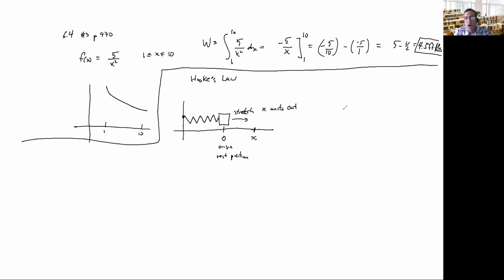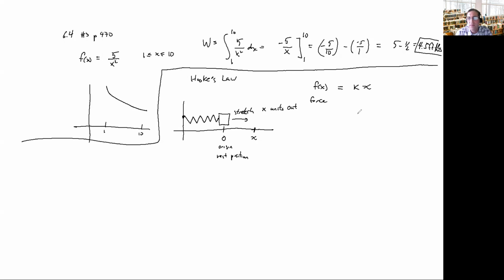And then Hooke's law, which is something that was discovered by experiment, is that if x is not large, then the force f of x, the force of stretching the spring x units, is proportional to x.